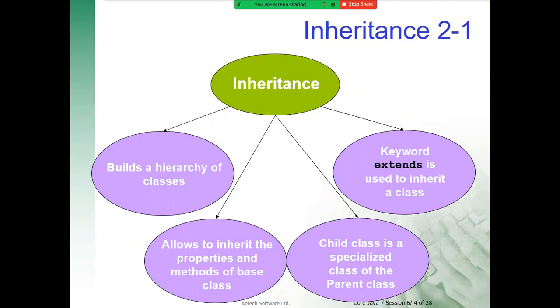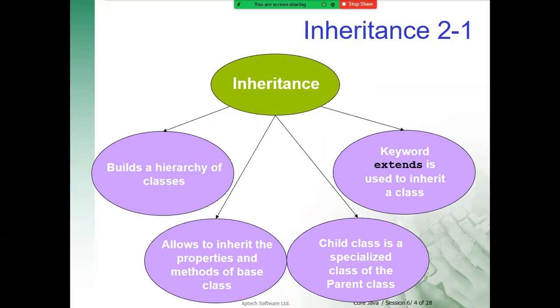For example, let us say you have a class called A, and from that A class you want to define a class called B. Then we'll write class B extends A. Here the existing class, the class which is already defined, is called the base class, or the parent class, or the super class. Then we define the new class.